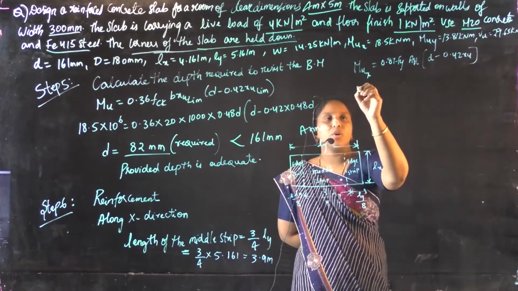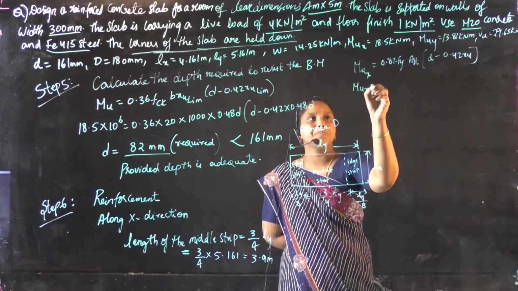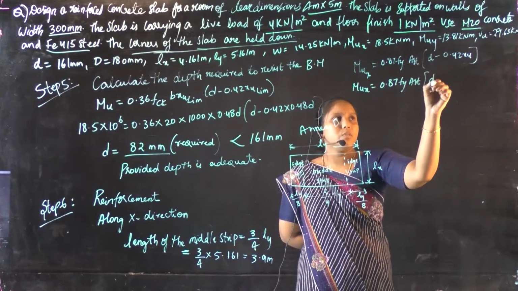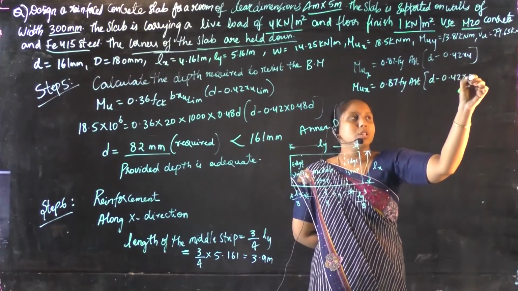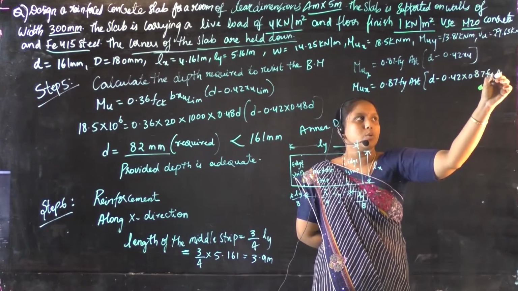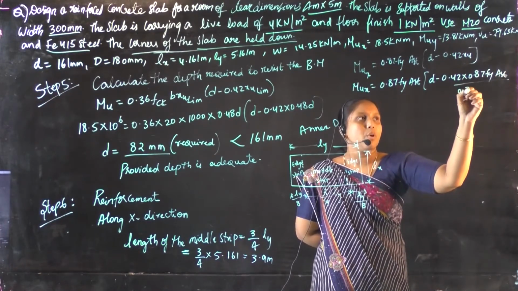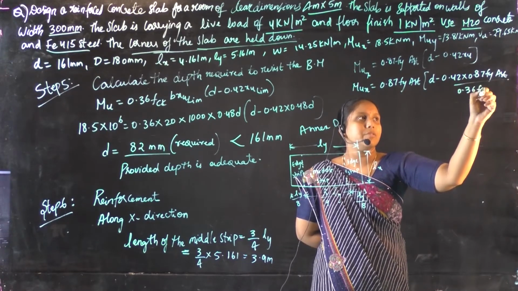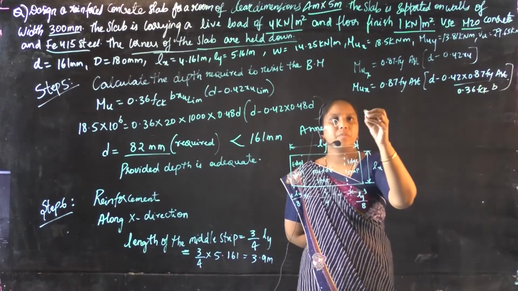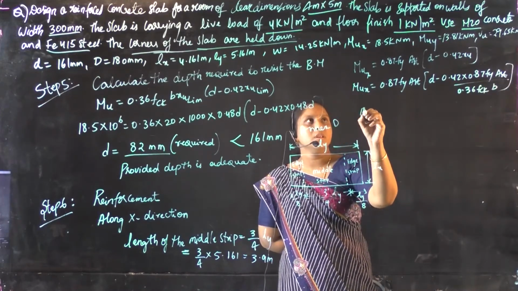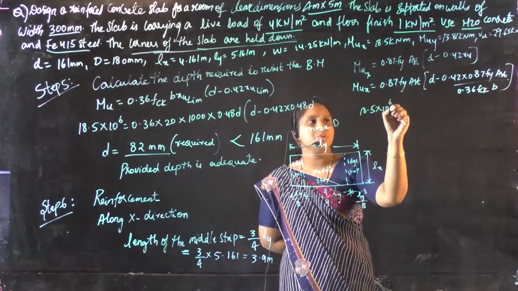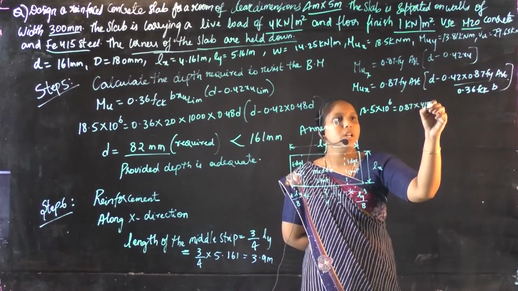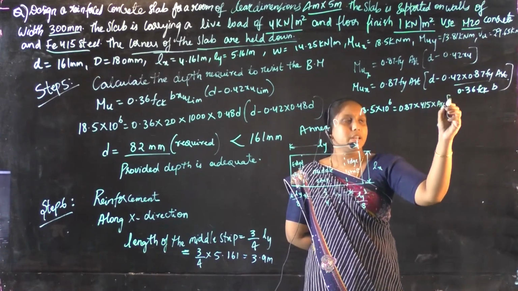In place of Xu, you have to substitute 0.87 Fy Ast divided by 0.36 fck into b. So Mux, what is Mux? It is 18.5 into 10 to the power of 6 Newton mm, which is equal to 0.87 into Fy, the grade of steel, which is 415, into Ast, which you have to calculate here, into d.